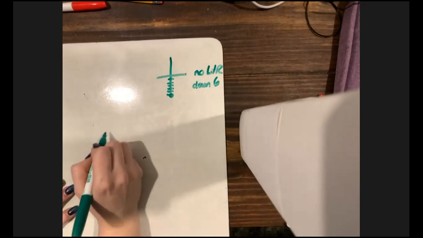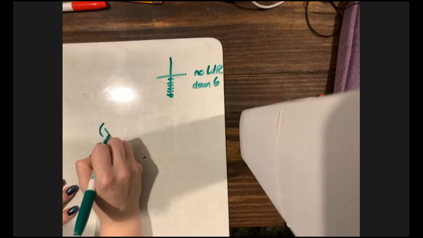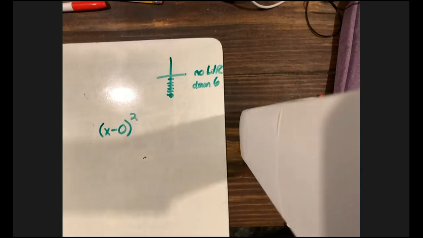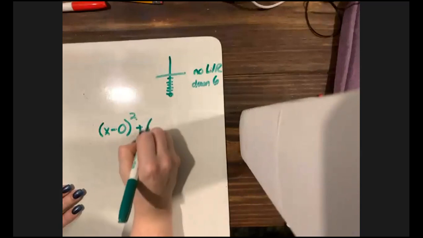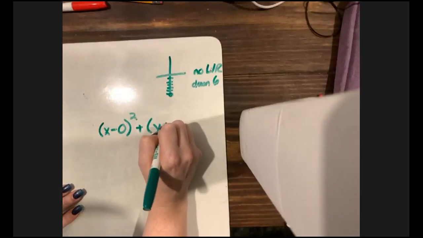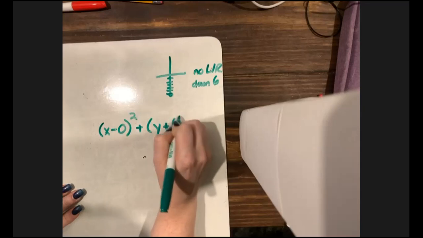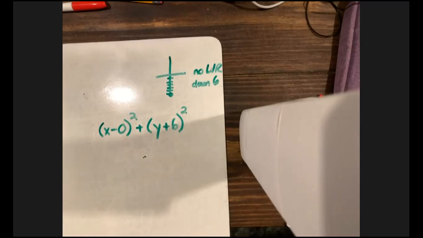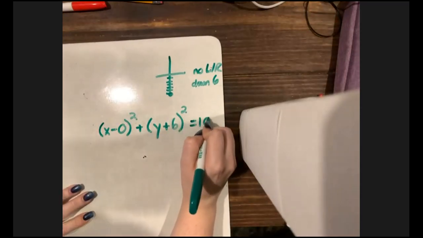So when I pull this into the equation, I didn't go right or left any, but we're not going to leave it that way. Down 6, normally I'd go minus, but it's opposite. So that's going to be plus 6 squared. And then the radius they said was 10.